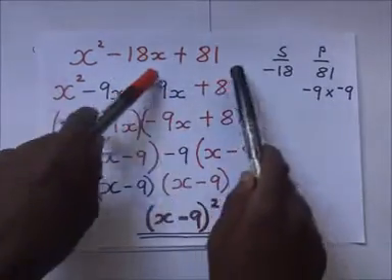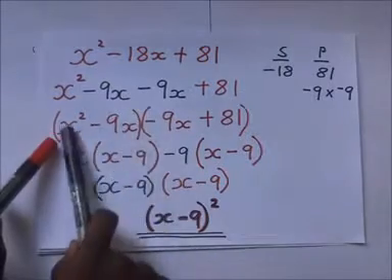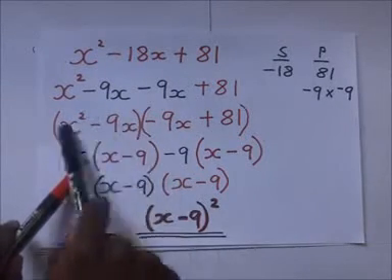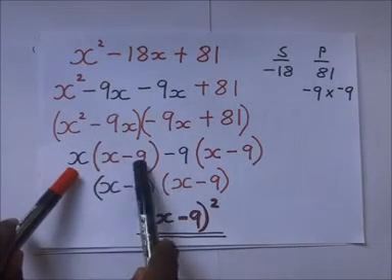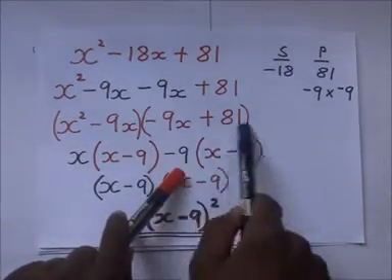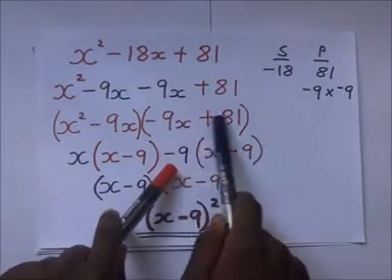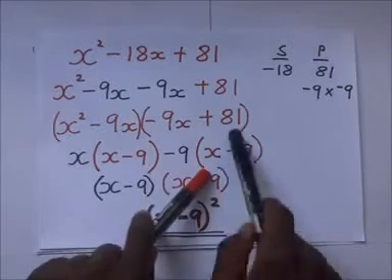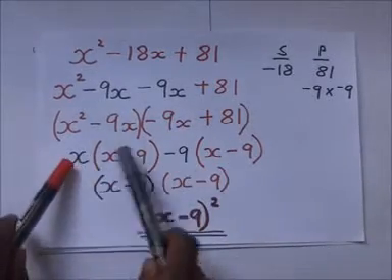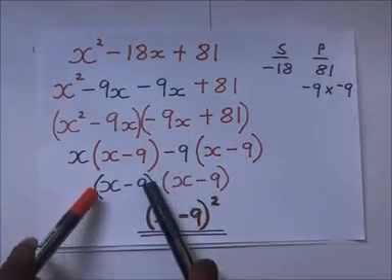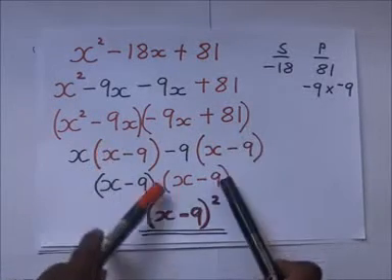Then we introduce brackets and we go ahead and factorize this. The common factor here is x, so it is x into x minus 9. Then likewise here, we factor out the 9. It is minus 9 into x minus 9. So the terms outside the brackets are put in one bracket, and the terms inside the brackets are put in their own bracket.